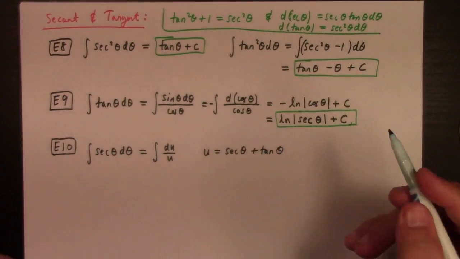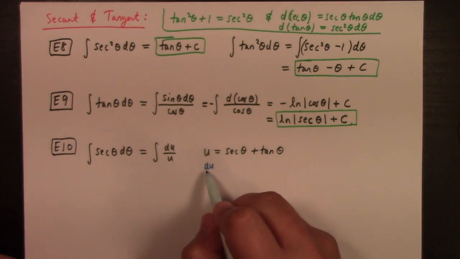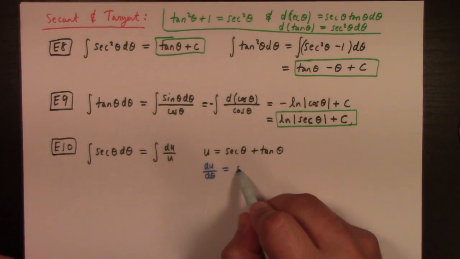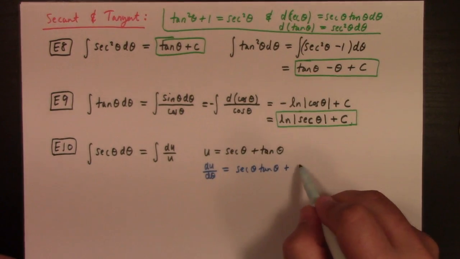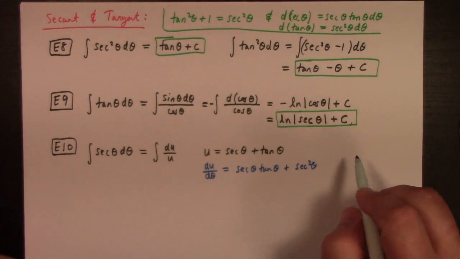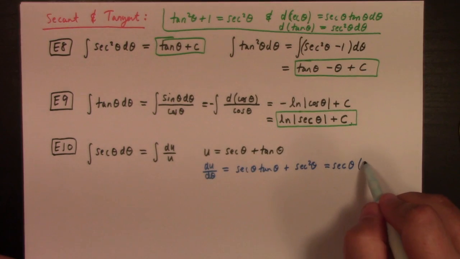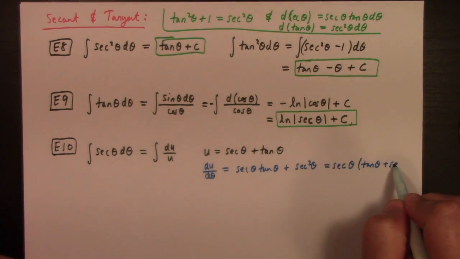But anyway, let's check it. So like du, I'll do du d theta. You're like, hey, finally. du d theta, well that's secant theta tangent theta plus secant squared theta, right? Factor out the secant theta. And then we've got tangent theta plus secant theta in my current ordering.